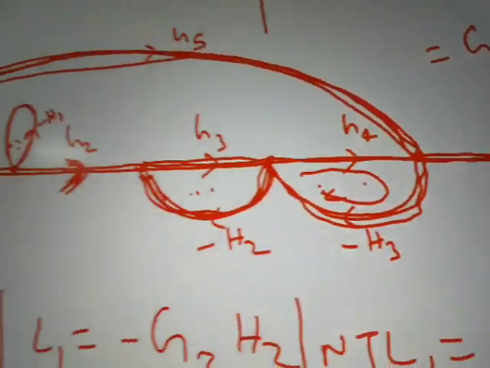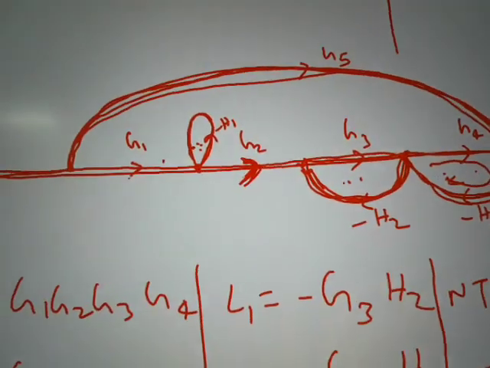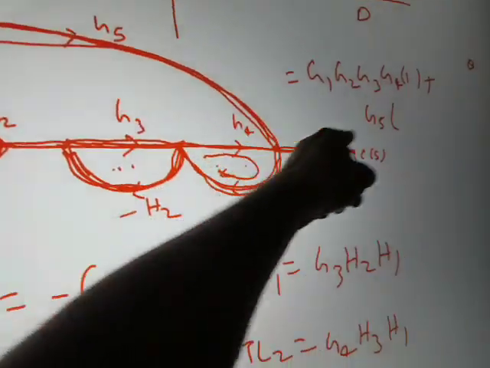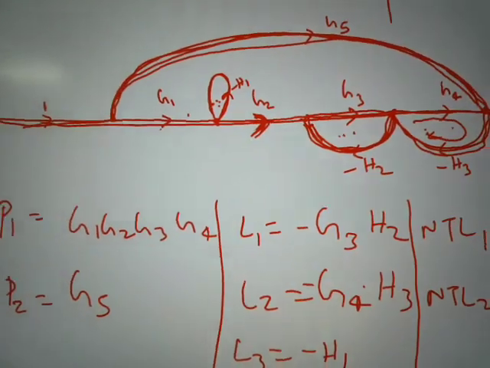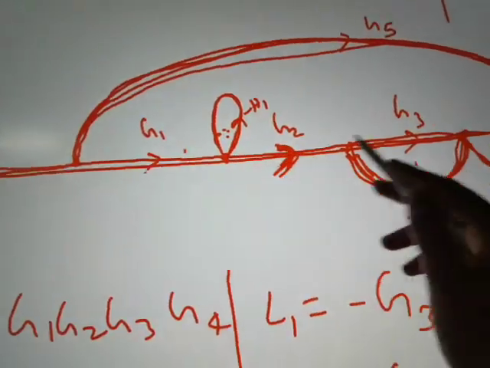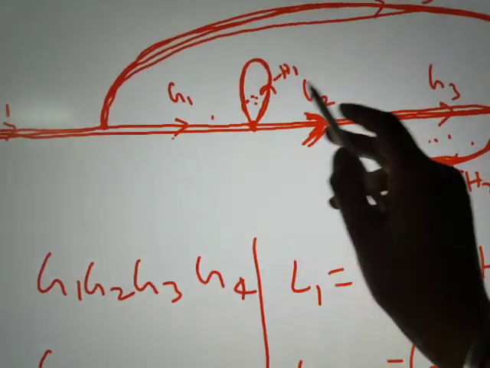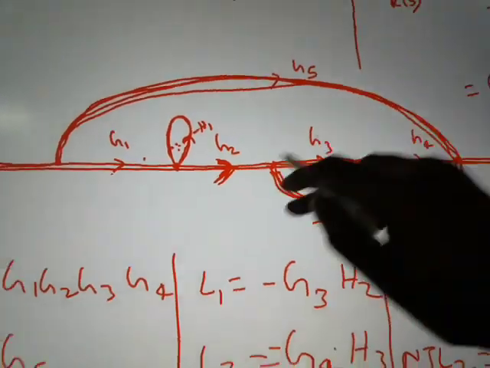Now for this forward path, this loop and this loop, these nodes, are not touching that forward path.